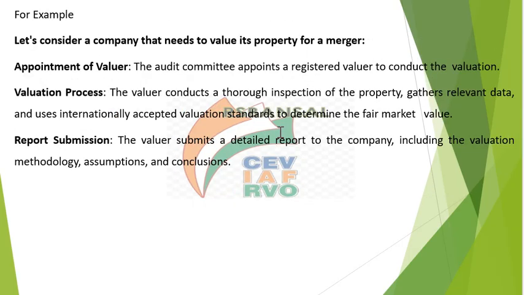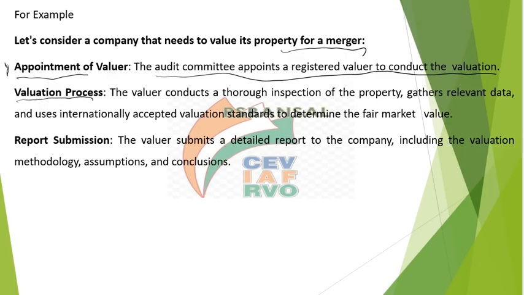For example, let us consider a company that needs valuation of a property for a merger under Companies Act. And then what will be the procedure? First step will be appointment of valuer. The audit committee appoints a registered valuer to conduct the valuation. Then valuation process.